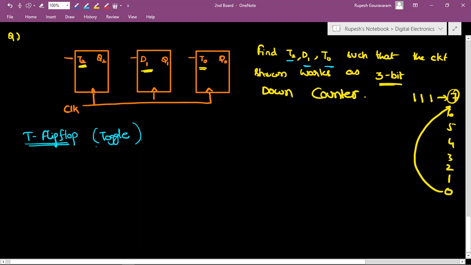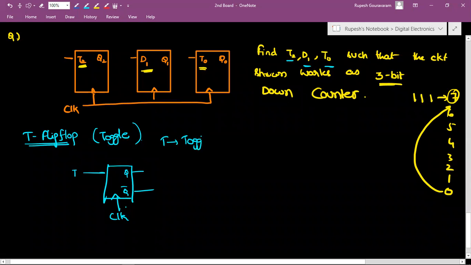Yeah. So now coming to the T flip-flop. So a T flip-flop will be like this. The input will be T, the output will be Q as well as Q dash. And this is the clock. So T is the toggle flip-flop. That is, T is equal to 0 implies hold mode.